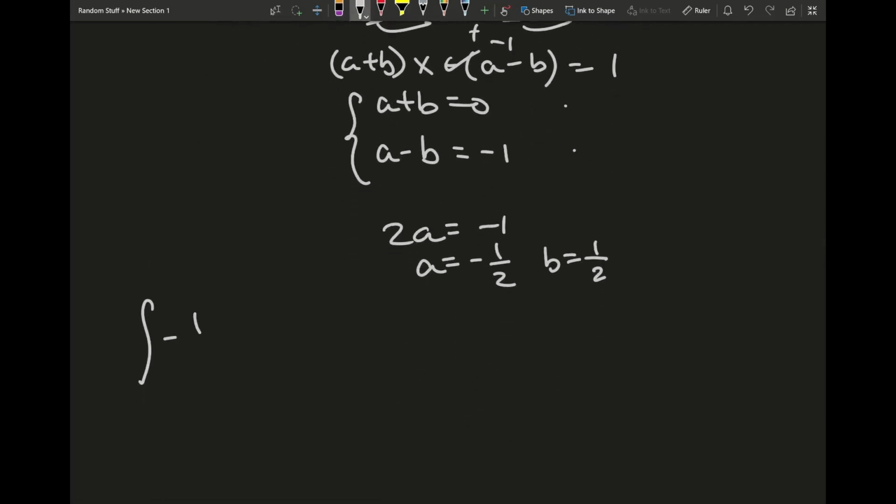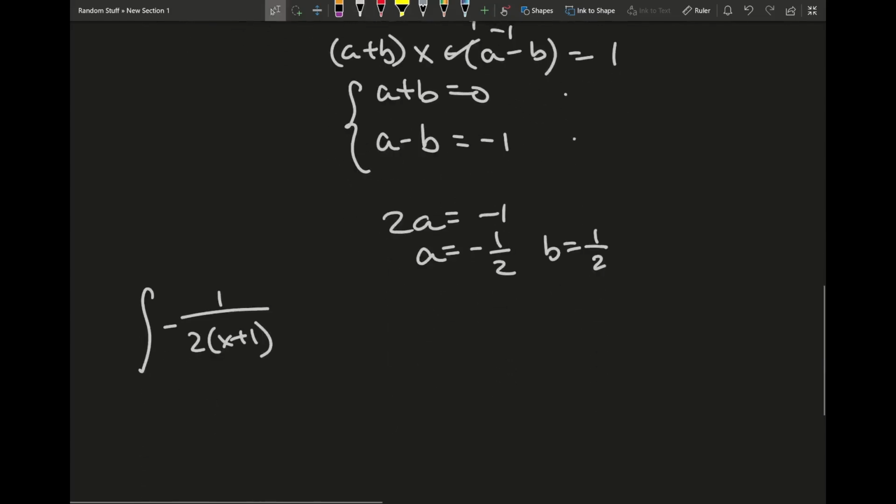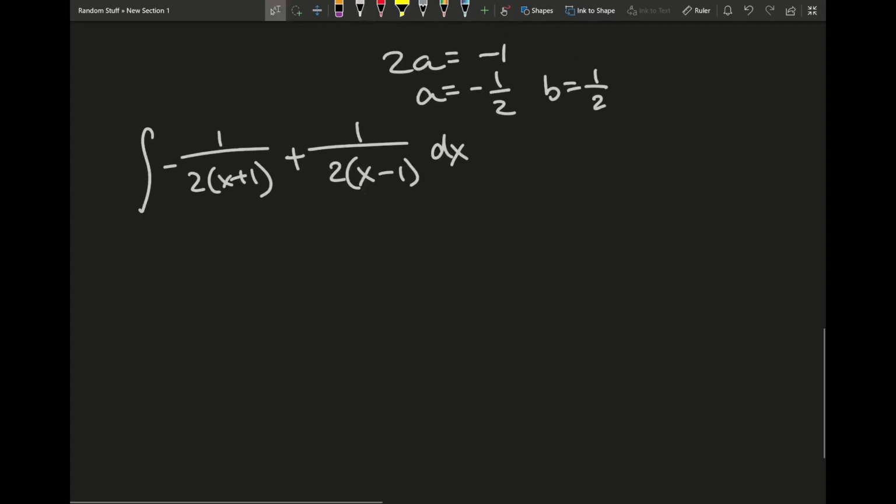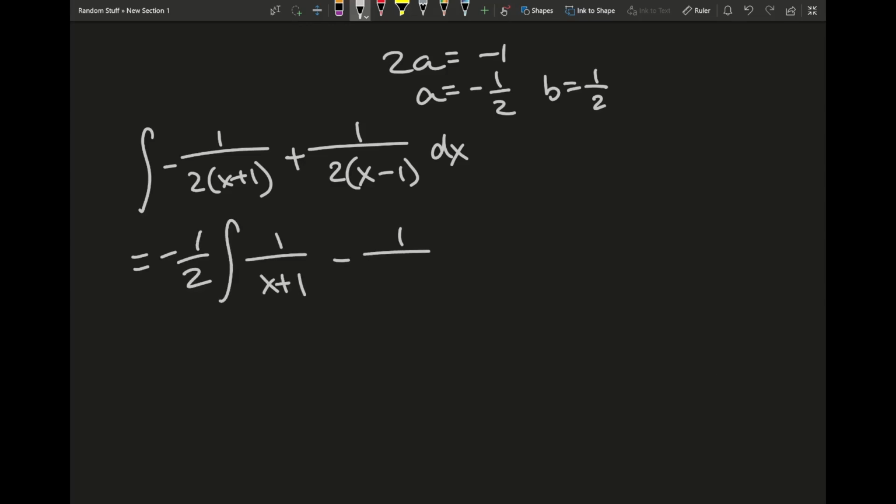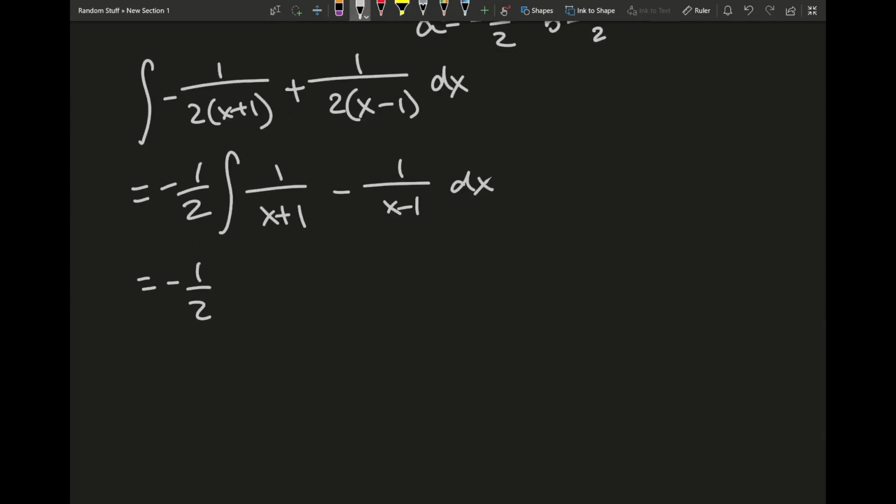So from that we get negative 1 over 2 times 1 over (x plus 1), plus 1 over 2 times 1 over (x minus 1) dx. Now we can just integrate this. We can take the negative 1 over 2 out, so the integral of 1 over (x plus 1) minus 1 over (x minus 1) dx. We don't really have to do much with this.